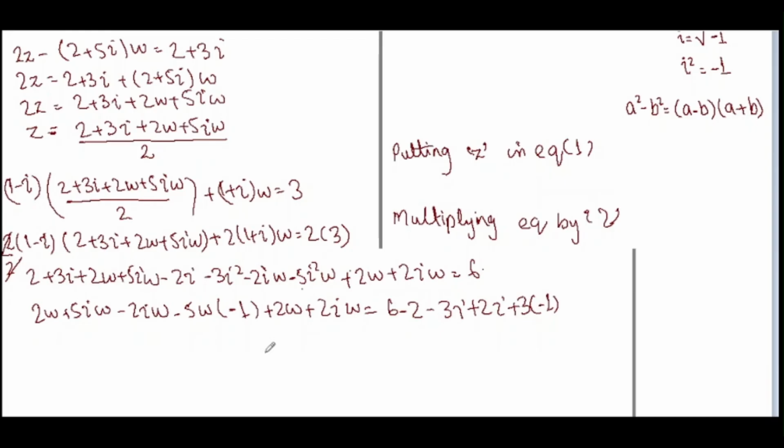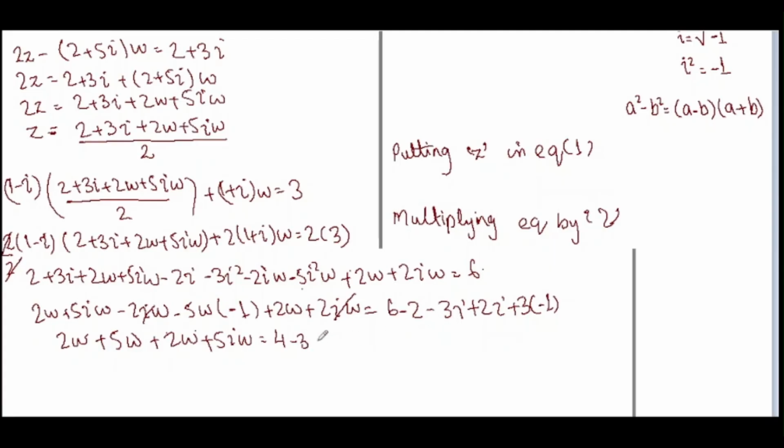So we are done. Now what we have to do is to add all those terms that are containing w, and first of all cancel these terms and we get 2w minus 5w into minus 1 gives us plus 5w, plus this 2w, and then plus 5 iota w equals 6 minus 2 gives us 4, and this is minus 3.